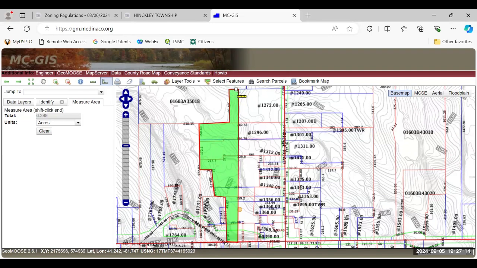Somewhere right there. It might be a little off because right there I'm at 6.33 without changing this side at all. But that's the area that I'm concerned about creating a buffer on, that section right there, if that's rezoned.